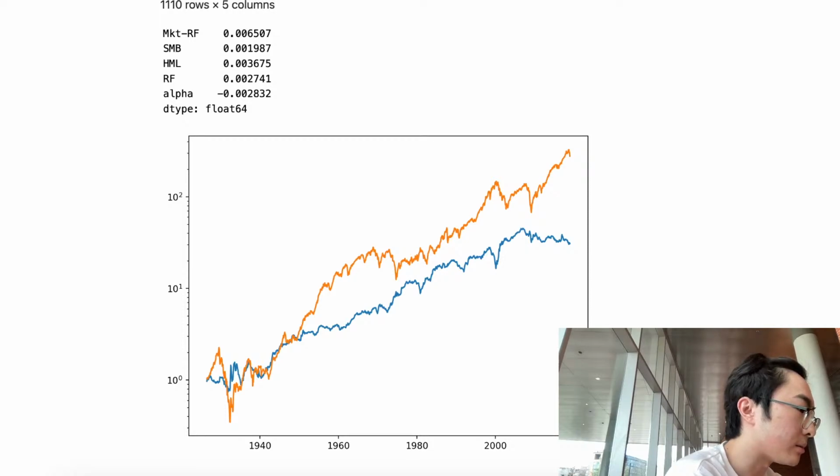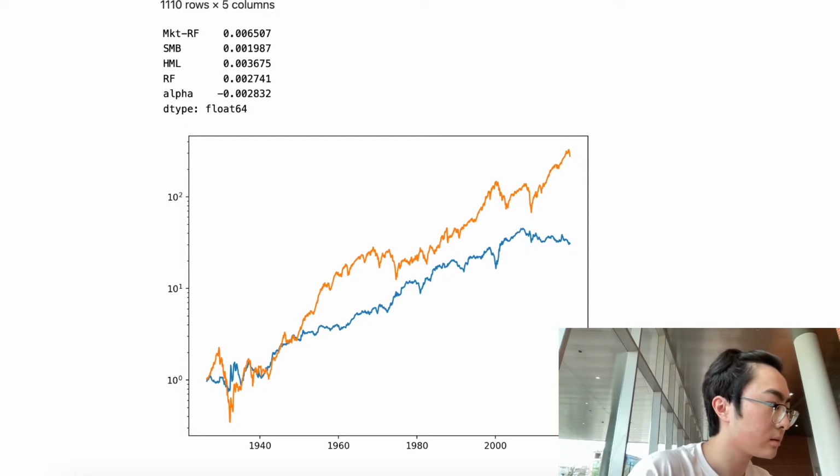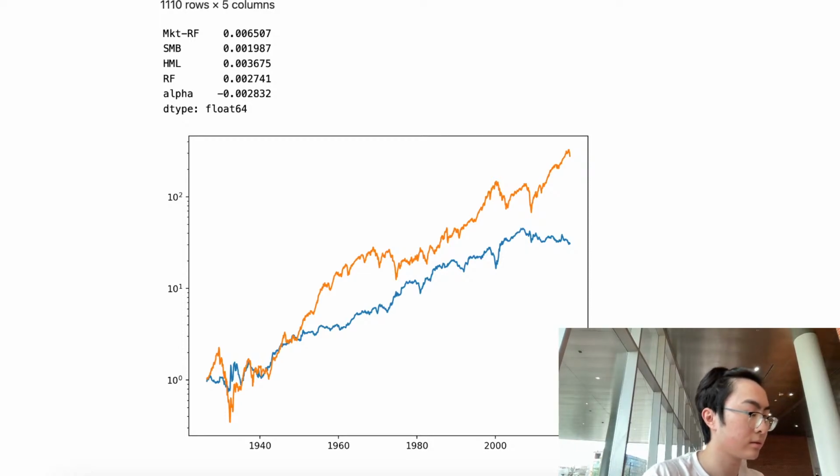Price of growth companies, low book to market ratios go further down, lower.